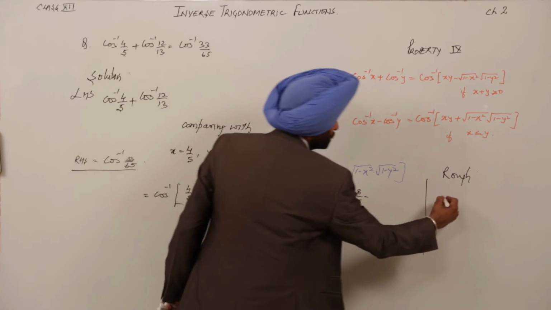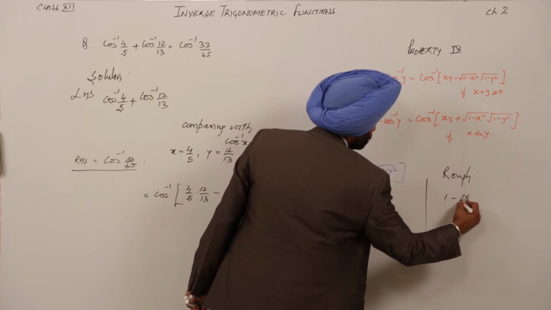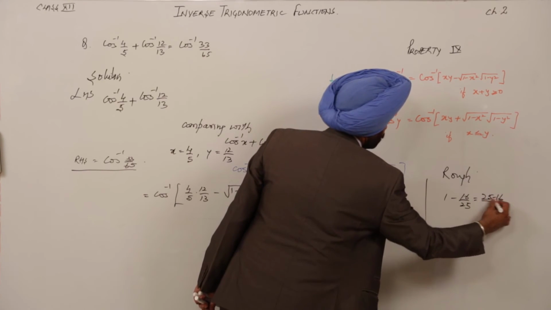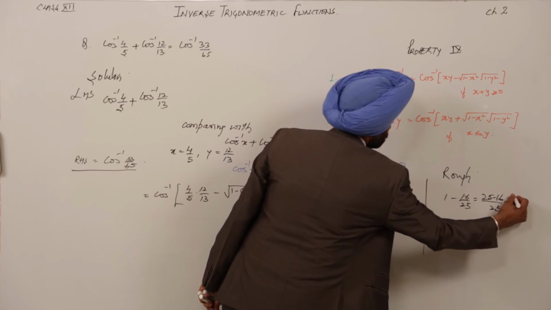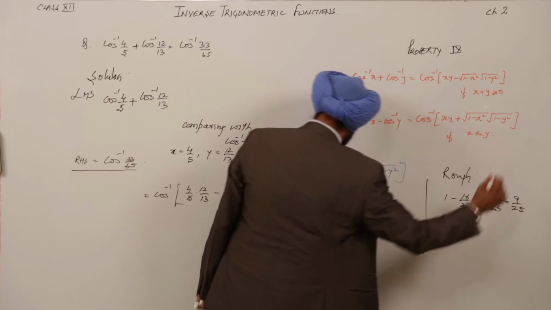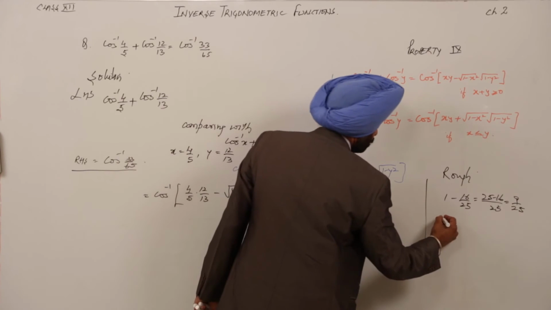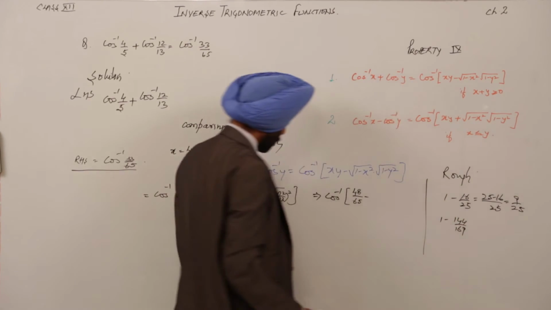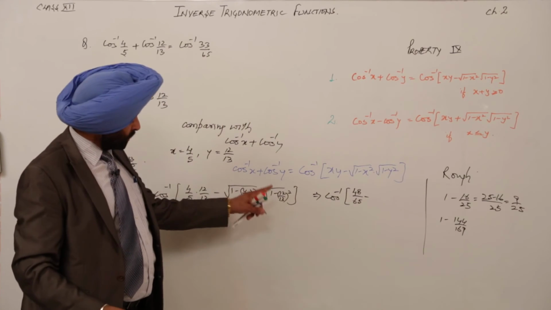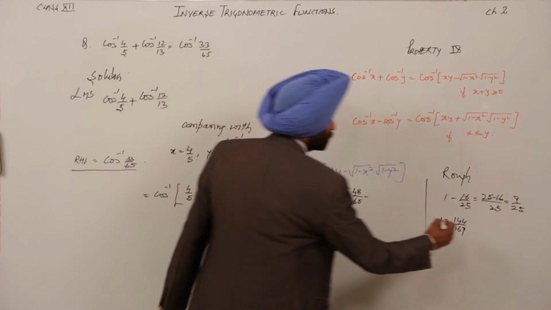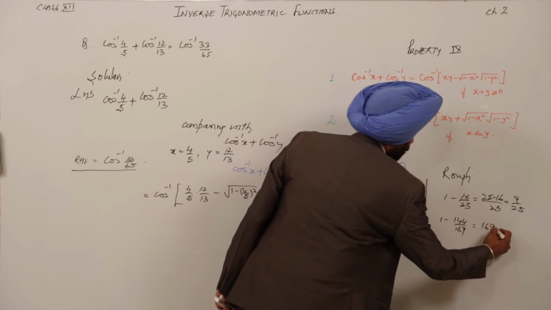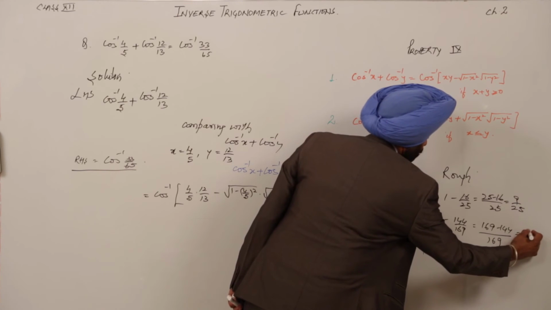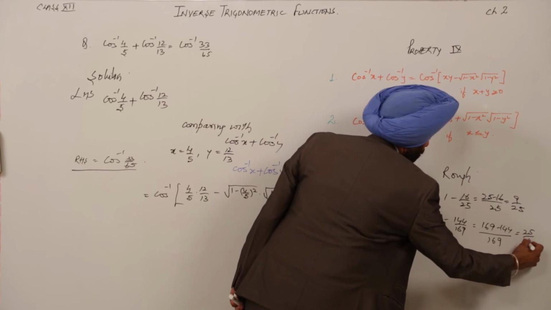It is 1 minus 16 upon 25, which becomes 25 minus 16 upon 25, which is equal to 9 upon 25. Similarly, the second part, 1 minus 144 upon 169. Square of 12 is 144, square of 13 is 169. So, this becomes 169 minus 144 upon 169, which becomes 25 upon 169.